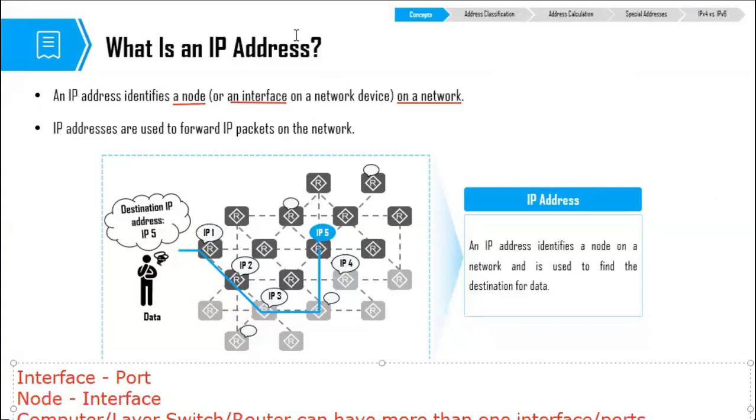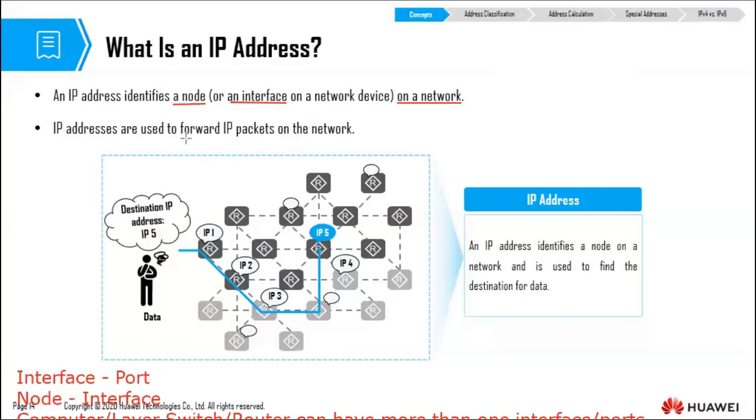IP addresses are used to forward IP packets on the network. So what happens is you have a guy here that wants to send some data, going to send it to a layer 3 device. Then the layer 3 device is going to route the data over the network until eventually it gets to the destination, for example, like that.